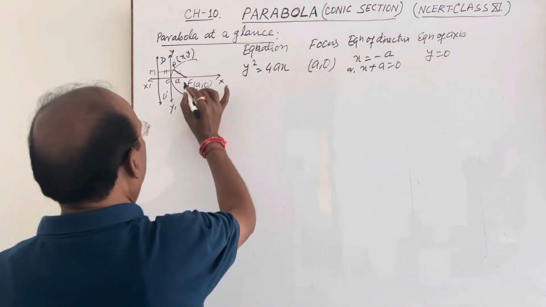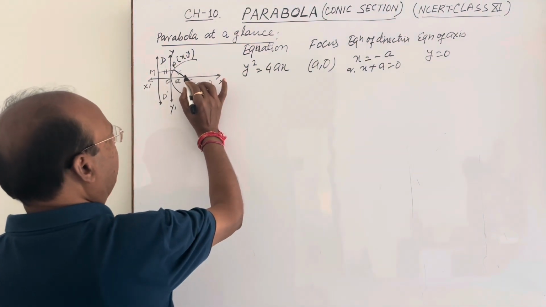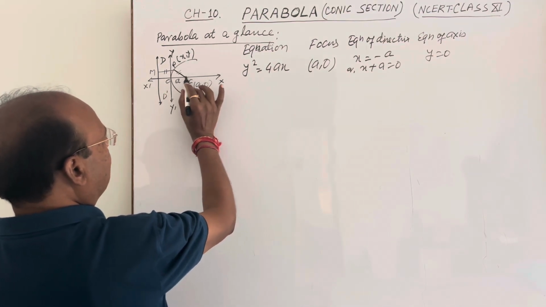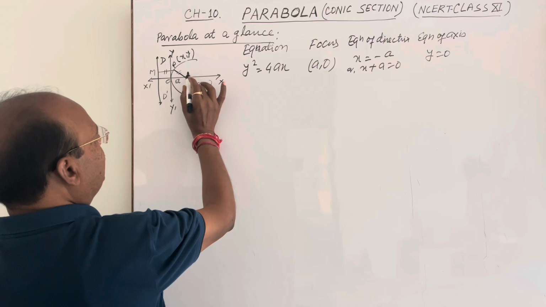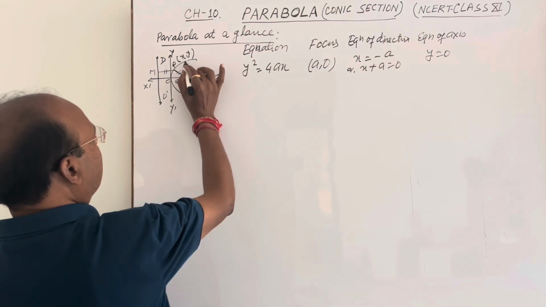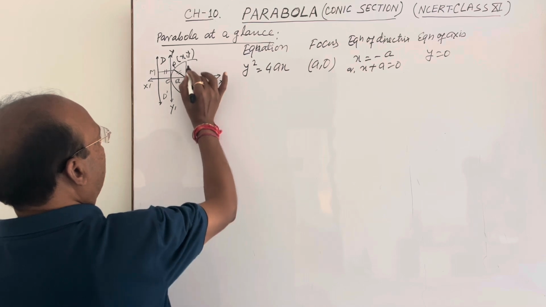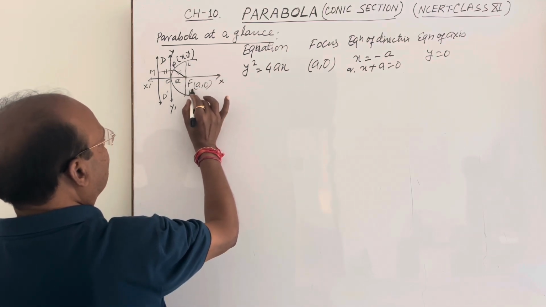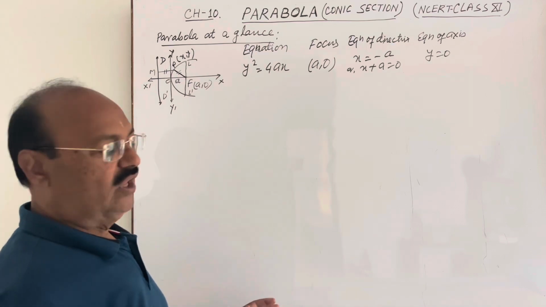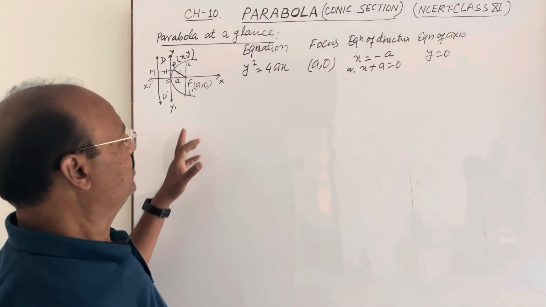And you know that if you draw a line segment perpendicular to the axis of the parabola passing through the focus, which intersects the parabola at two distinct points, let us say these points are L, L dash, then L L dash is called the latus rectum. And the length of the latus rectum is 4a.